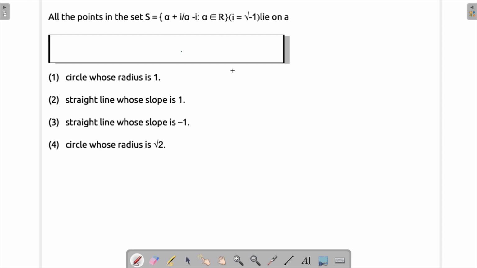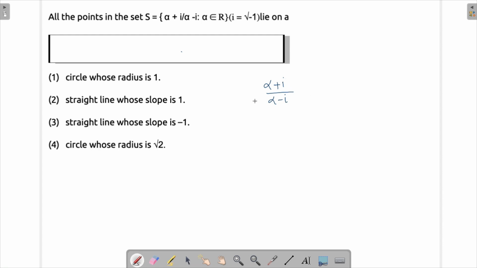So what we have been given here is alpha plus i upon alpha minus i. So what we can understand is this is basically going to be a complex number, and all those points which are going to be represented will be on the Argand plane. So we'll have to figure out all those points which are going to be represented on an Argand plane.